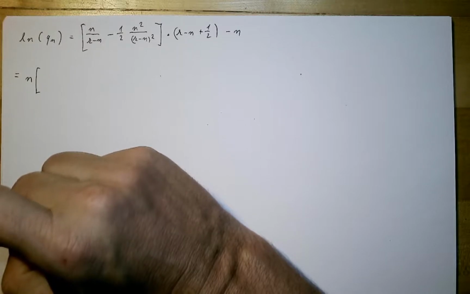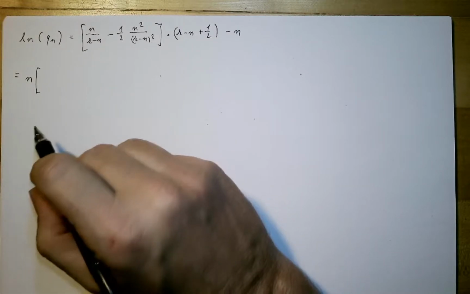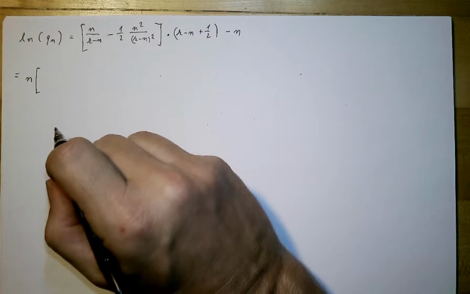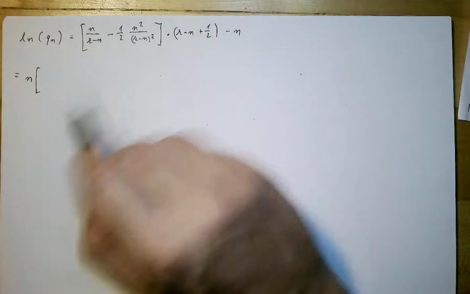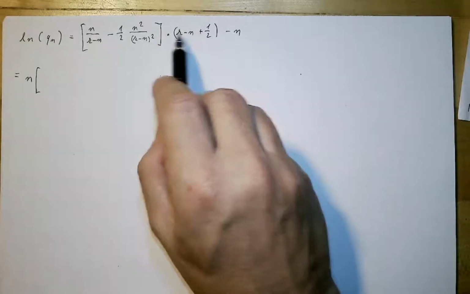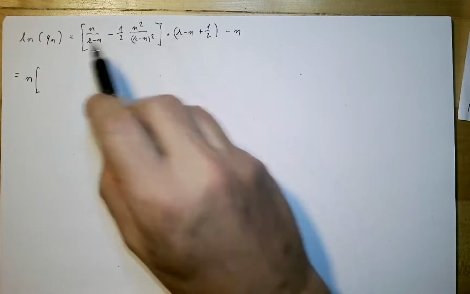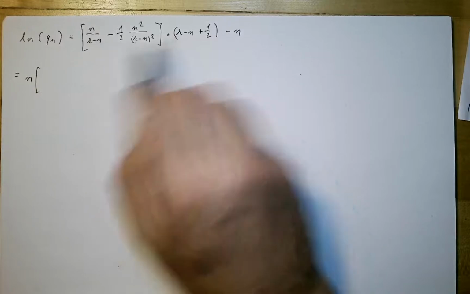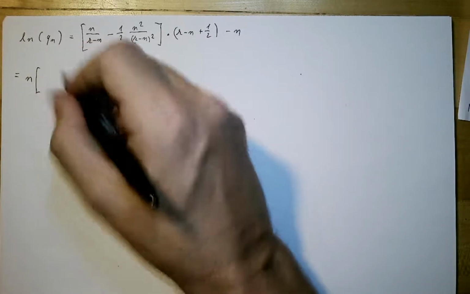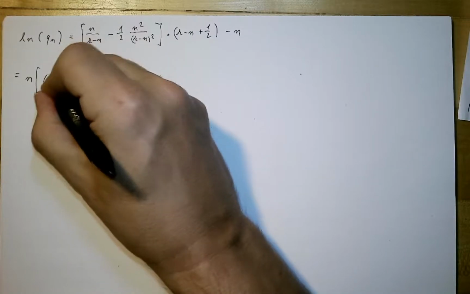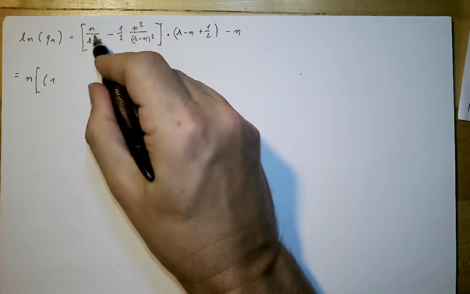Okay, and now we have to see, you have now to factor this out, and for example you see when you have here this term k minus n, you divide by k minus n, this cancels, we take a factor out, and then we have here just 1 left.